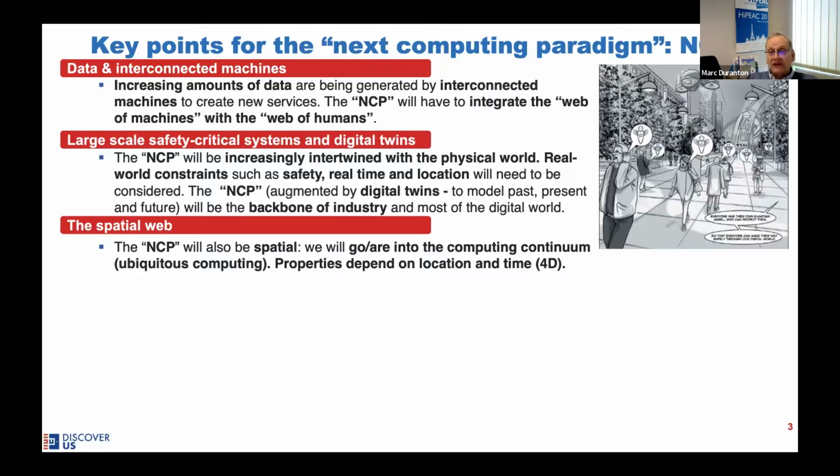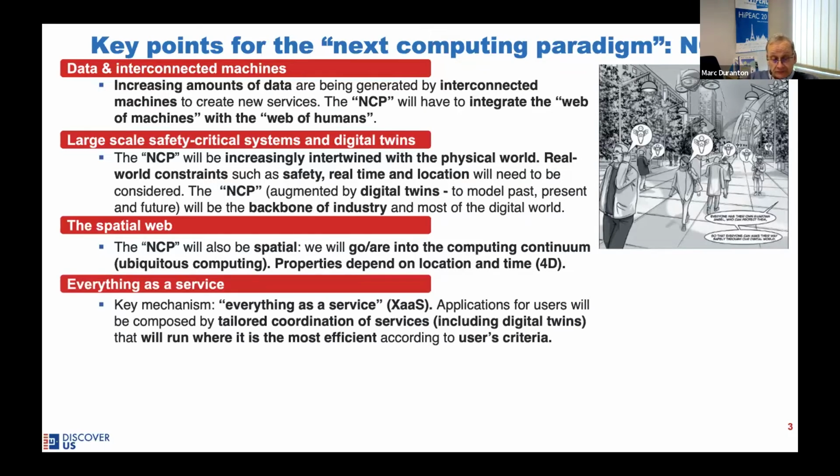So the context will change depending on where the device is. So it's important now that in the system, you have all this information about the location, about the timing, and about the right that you have when you are in different locations. So this is what we call 4D computing.